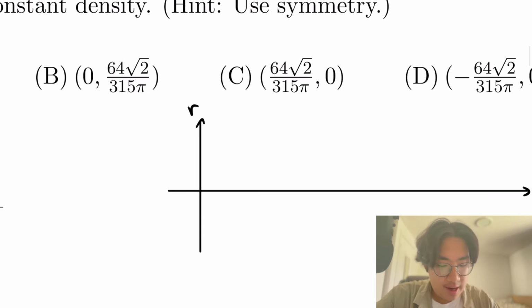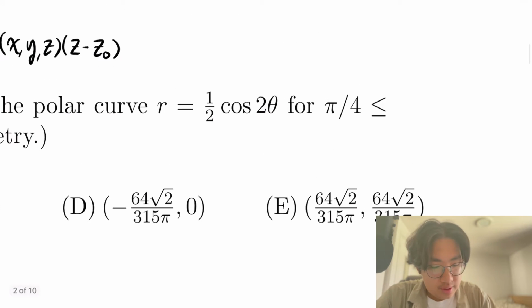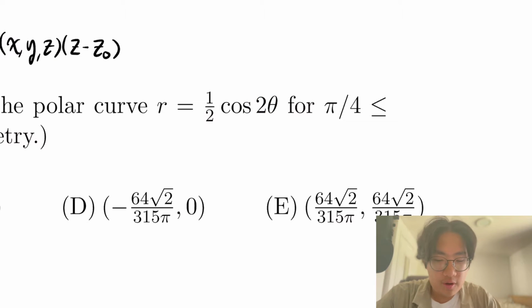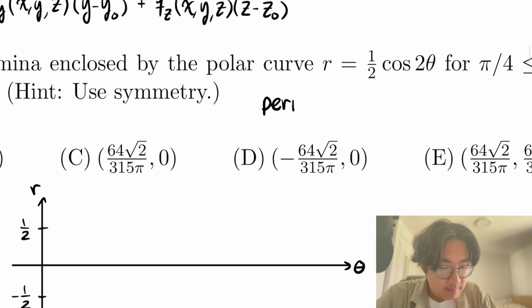So again, we know that our amplitude is 1/2, so our graph goes between 1/2 and negative 1/2. And then here we know that the coefficient in front of our theta value is 2, and so we can calculate the period. So we know again, period is equal to 2 pi over k, k being that value in front of theta, so 2 pi over 2, which is equal to pi.